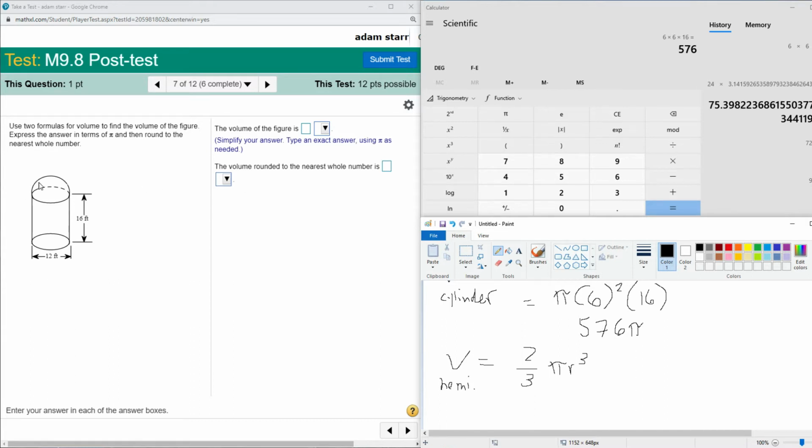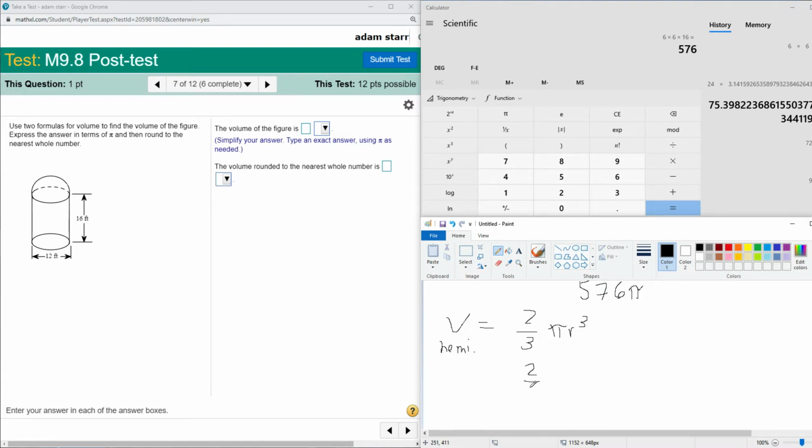Here's my hemisphere. The radius is going to be the same radius as my cylinder, so my radius is still going to be this 6. So I have 2/3 pi times 6 cubed. Again, I want to leave this in terms of pi.